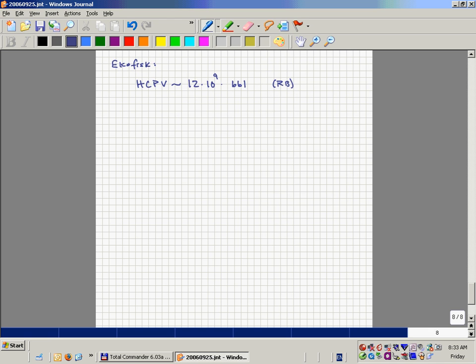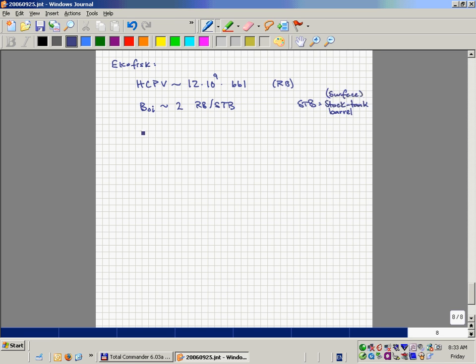If we say that the BOI is approximately 2 reservoir barrels per stock tank barrel, STB is stock tank barrel, and that's the same as a surface barrel, because we have these tanks at surface conditions. So reservoir volume per surface volume is a factor of 2.